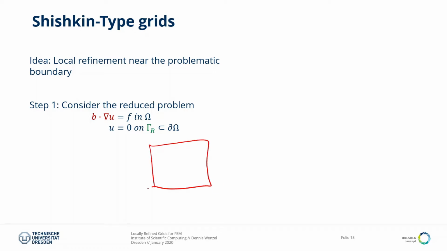If you have a domain and you have your convection field b, and this b is a vector field, it always looks something like this. And a good way to choose your regular boundary gamma r here is to take the side of the domain where the vector field is coming from. So you would always take the back end of those arrows as your gamma r.